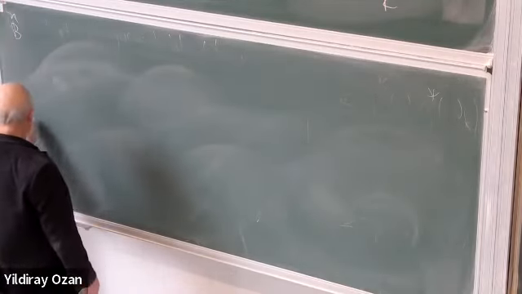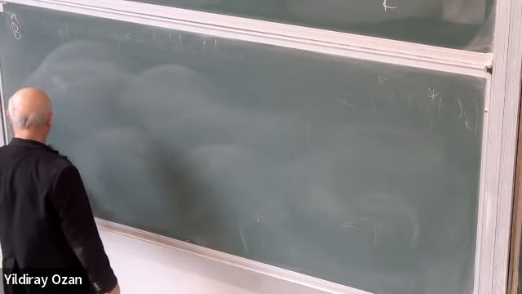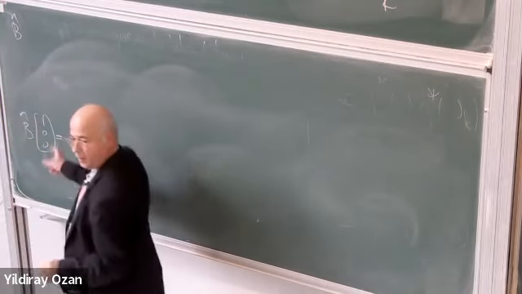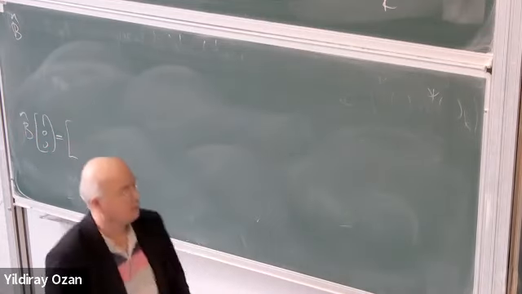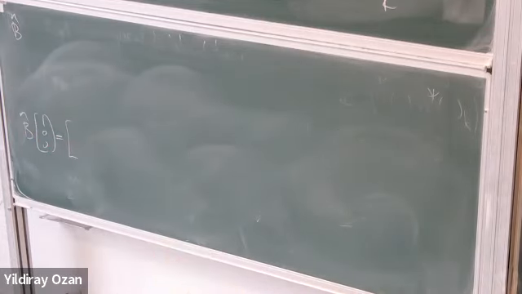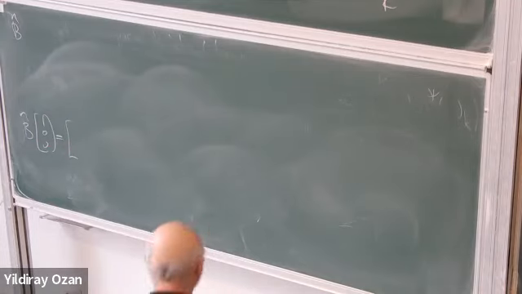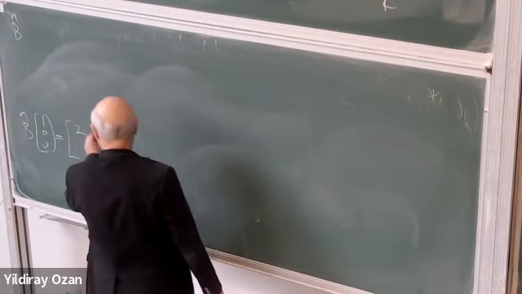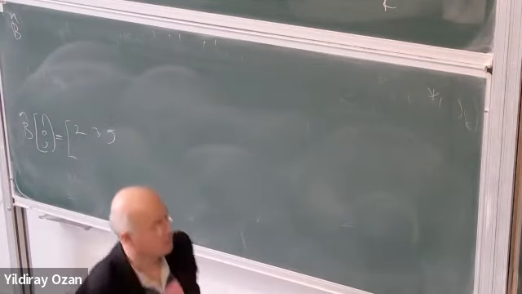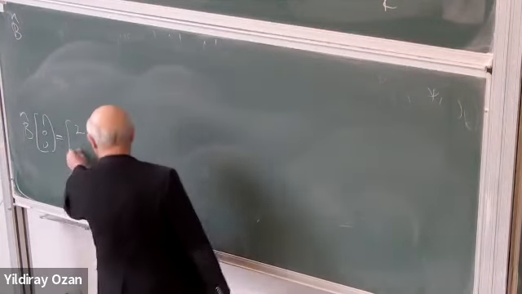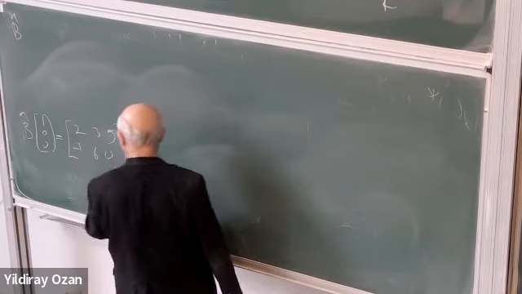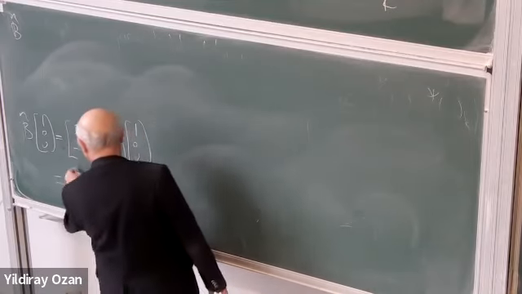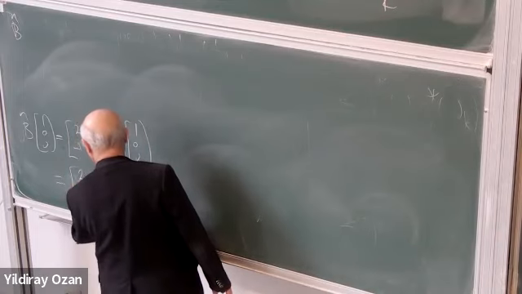B hat on the vector 1, 0, 0. The first vector. What is the result? B hat neydi? 2, 3, 5. 2, 3, 5. Eksi 1. 6. So 1, 0, 0. 2 minus 1, right?